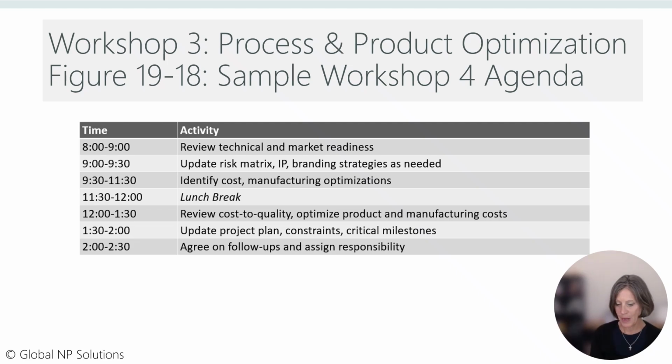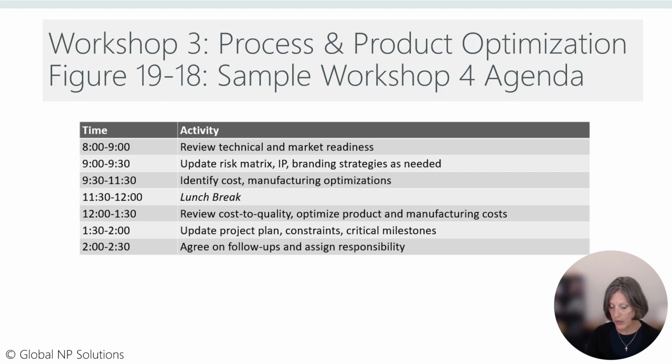Participants. In addition to the core lean new product development team, it is crucial to involve finance and cost accounting experts in the optimization workshop. Quality management, supply chain, outbound marketing, and logistics subject matter experts also provide critical information to streamline manufacture and sale of the new product.